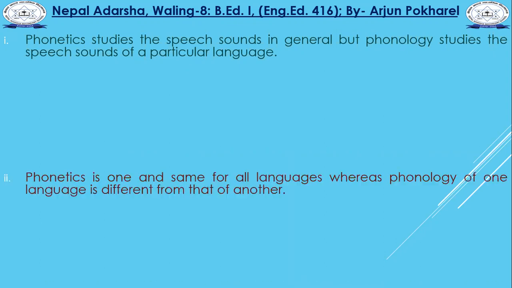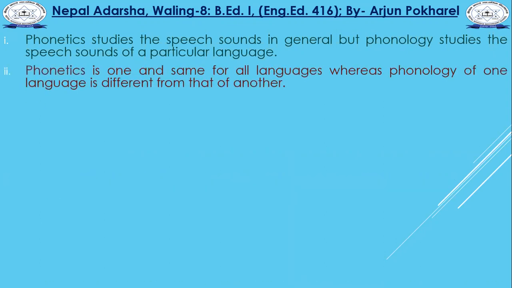Now I'd like to move to the next point. Phonetics is one and the same for all the languages of the world. Phonetics remains the same everywhere. It is universal, whereas the phonology of one language is different from that of another.